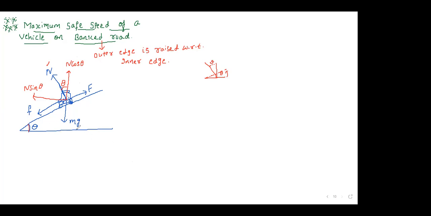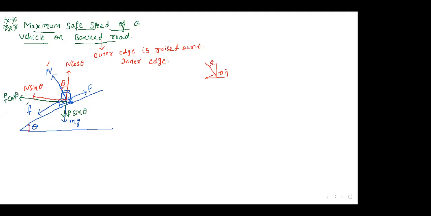Similarly, you can resolve this F into two components. One is downward, F sin theta. The other one is horizontal, that is F cos theta.